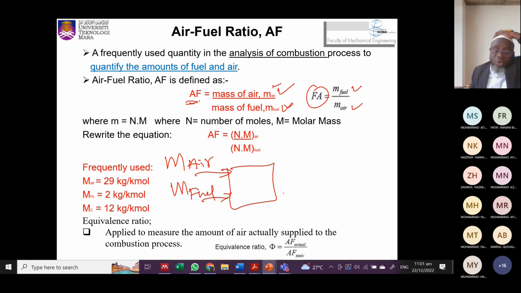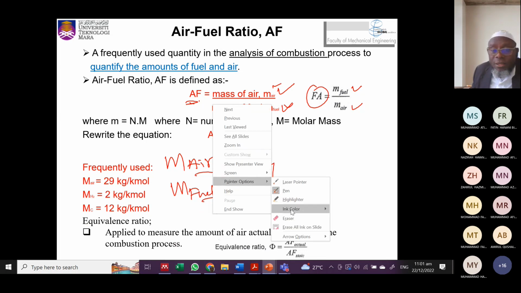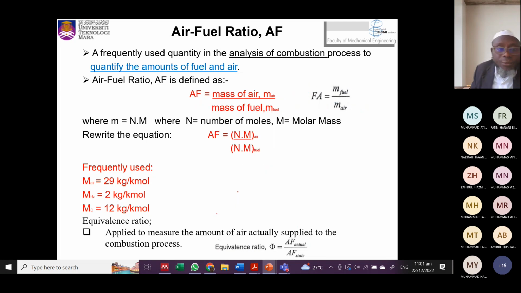Okay. As we have already seen in the previous slide, the mass of air is the number of moles times the molecular mass. Also, very important, these are the frequently used properties.